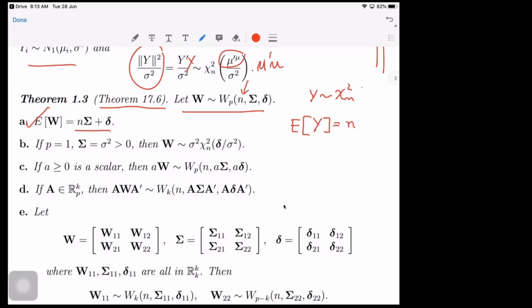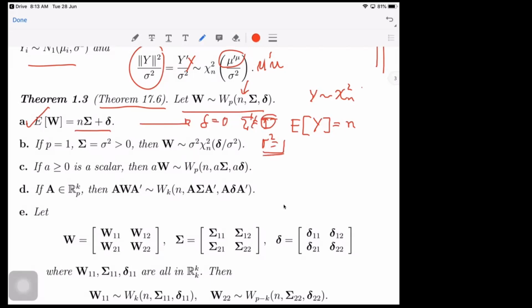So you see in the univariate case, we have a delta equal to 0, which is central, and a sigma, which is just equal to 1, or your sigma square is equal to 1 for the univariate case. So here, sigma is not necessarily equal to the identity matrix.